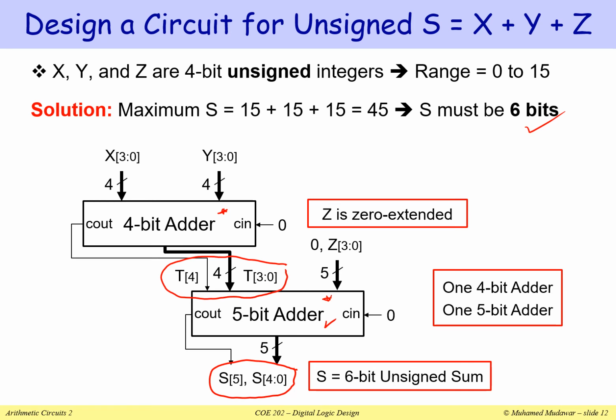So each block consists of multiple full adders that are connected. This is a ripple carry adder consisting of multiple full adders, but I'm drawing them as blocks to simplify the drawing. So now we are going to a higher level, designing a larger circuit using a 4-bit adder and a 5-bit adder, but these adders are made out of full adders.